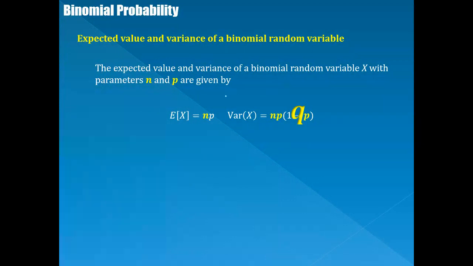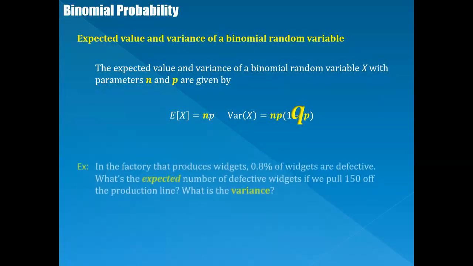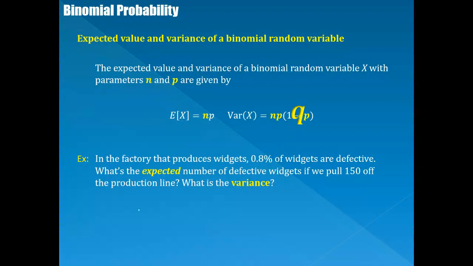If I pick 150 off of the production line, how many do I expect to get, right? And so we can actually figure that piece of it out. So let's go ahead and do that. If I picked 150, the expected value of that occurring out of 150 times the probability of getting 1, right, I get, let's see, 1.2, right?